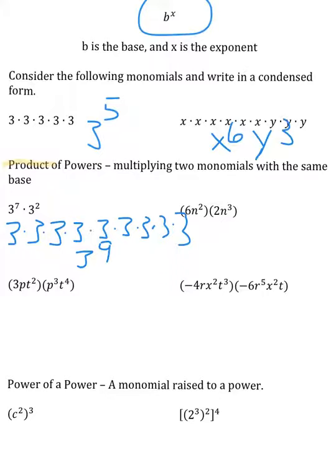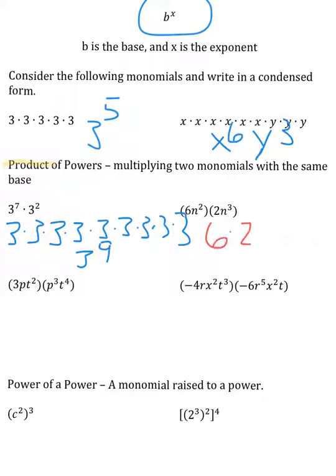Okay. Then for this next one, we have 6n squared times 2n cubed. All right, well, we know that multiplying is commutative. Okay, it has the commutative property, which means that you can do it in any order, right? So if you're multiplying everything together, you can switch up the order. So I am going to switch up the order of this one, and we are going to take the 6 times the 2 and put those next to each other.